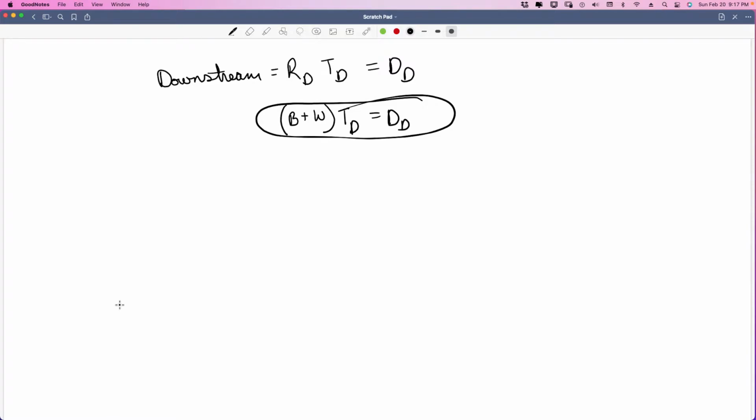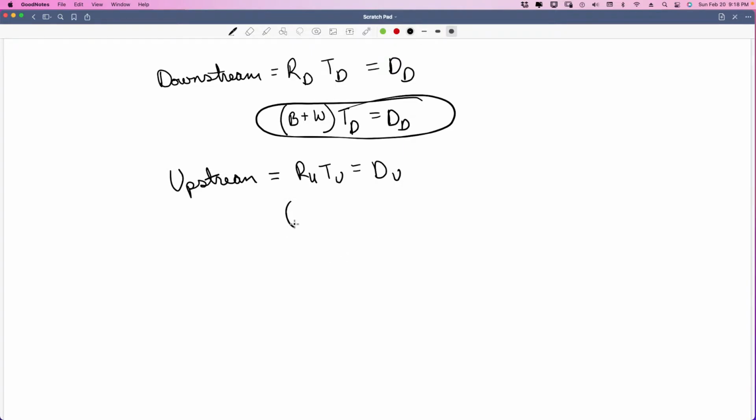Now, what if you're fighting upstream? If you're fighting upstream, then every mile per hour that the water is flowing against you is going to subtract from your speed. So the rate upstream times the time upstream is going to give you the distance upstream, but you're at a little bit of a handicap.